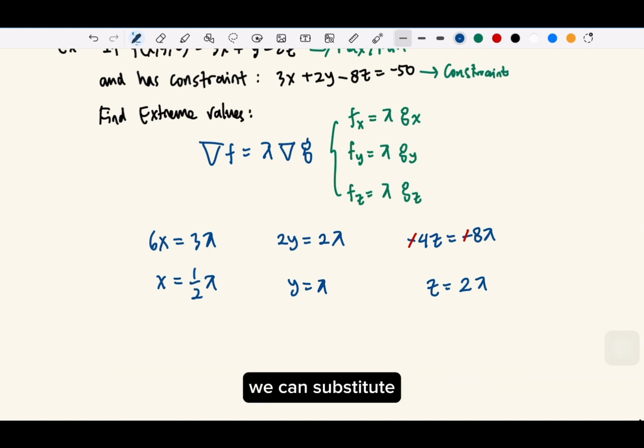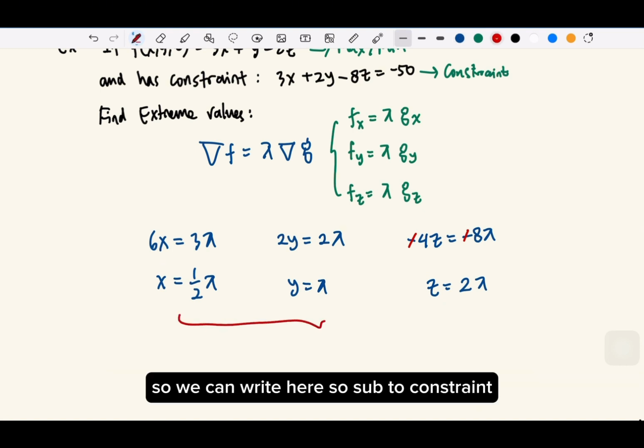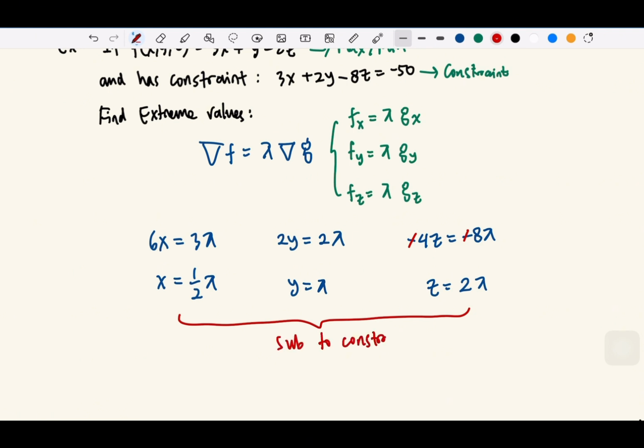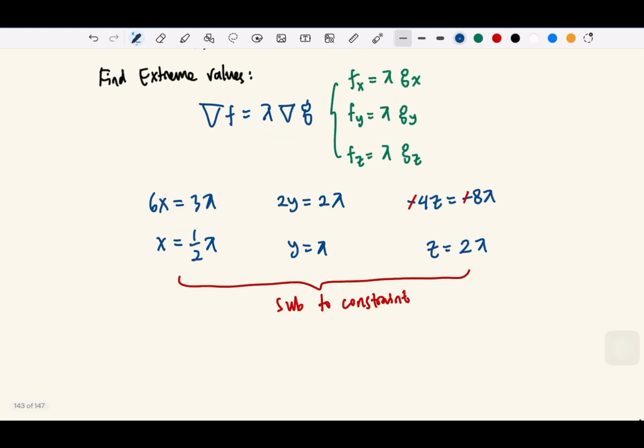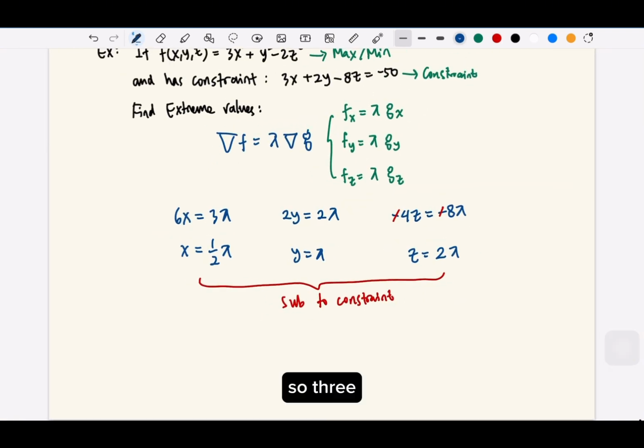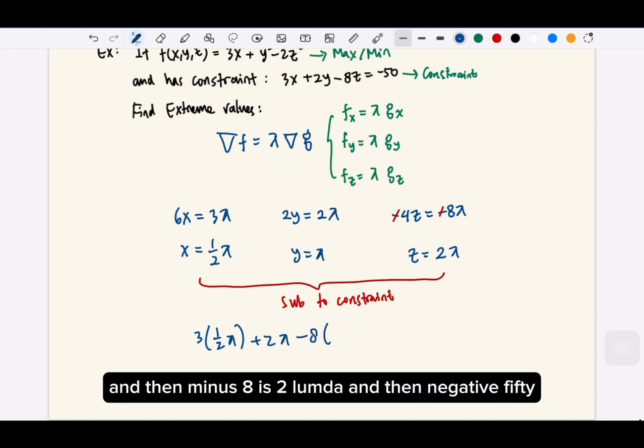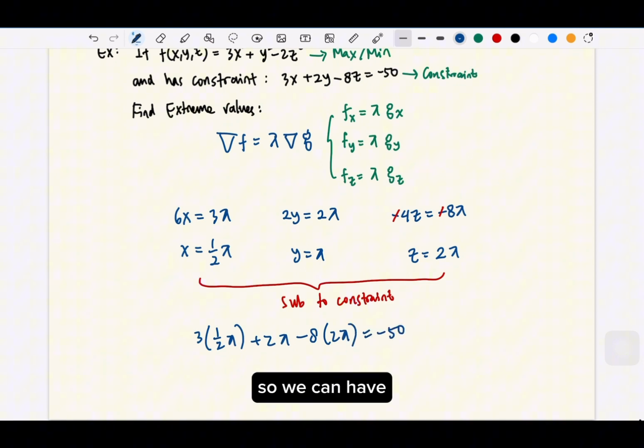We can substitute into the constraint. So 3 times half lambda plus 2 times lambda, and then minus 8 times 2 lambda, and then negative 50.